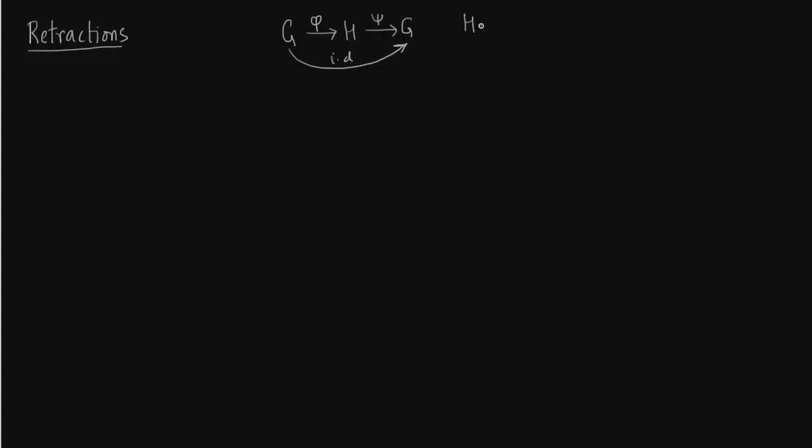So the claim is that this group H can be written as the image of phi plus the kernel of psi. The proof is really easy.